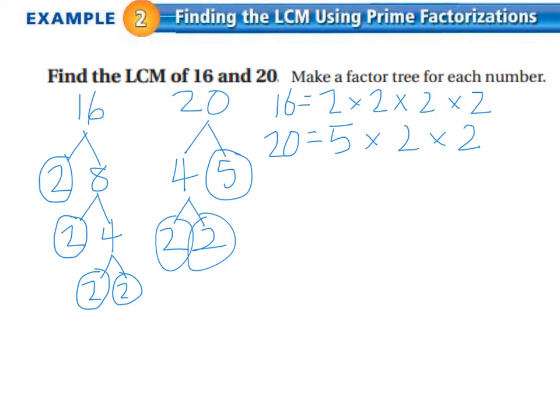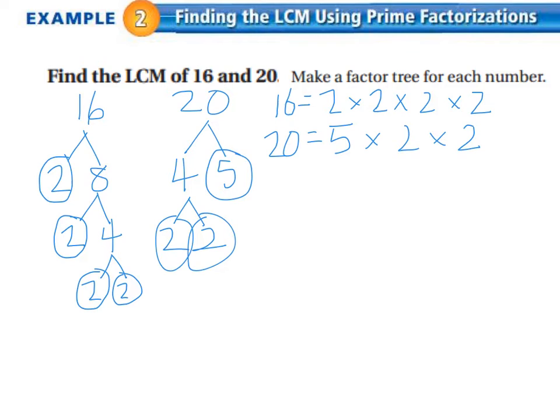This next step is a little bit different from greatest common factors, so listen very closely. I'm looking at the common factors first, and I see that there are 2's in both 16 and 20. What I need to do is look where there are more 2's.